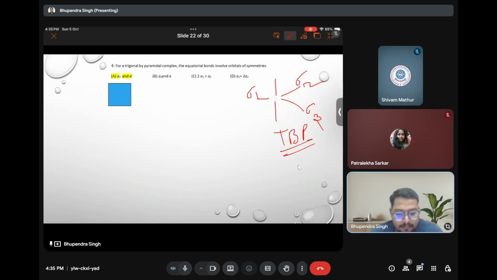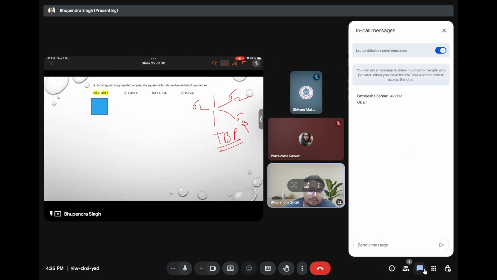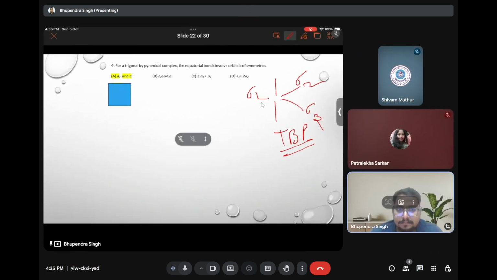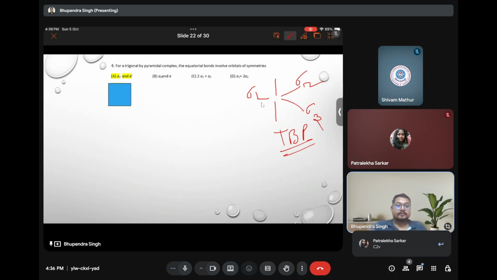So tell me, what is the point group of this TBP? Patlekha, Shivam, try to tell what will be the point group of the TBP complex molecule. C2V.